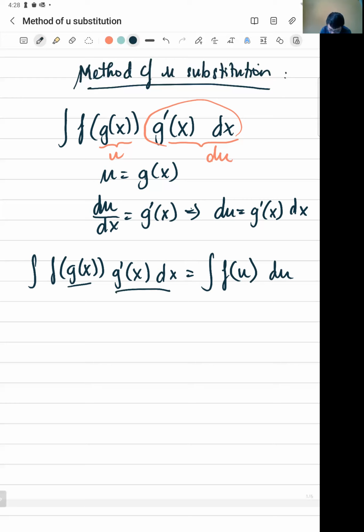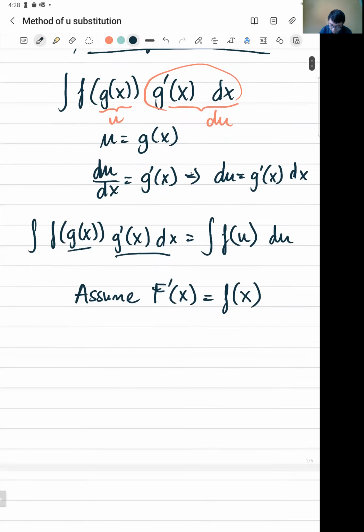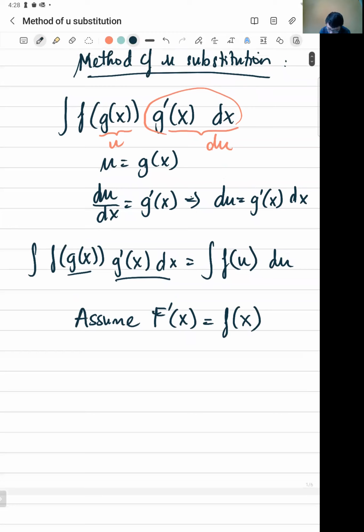All right. So now, assuming that I have the function big F of x and I differentiate big F and get small f of x, then when I integrate small f with respect to u, I get big F of u plus c.